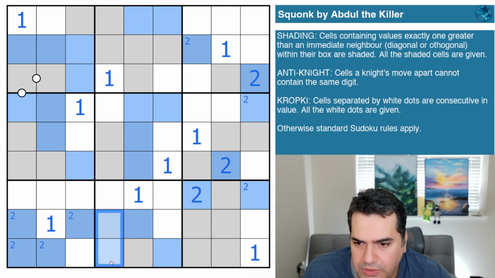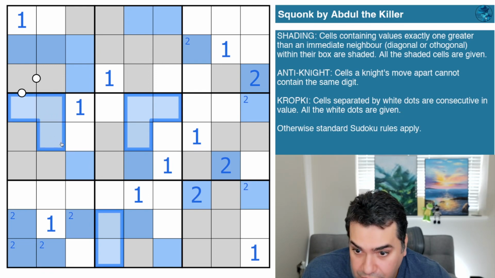Actually, the 2 would be here, because it can see both of these with knight's move. Let's just continue this a bit longer. All of these are fine. I'm going to say all of these are fine, incredibly. This isn't.